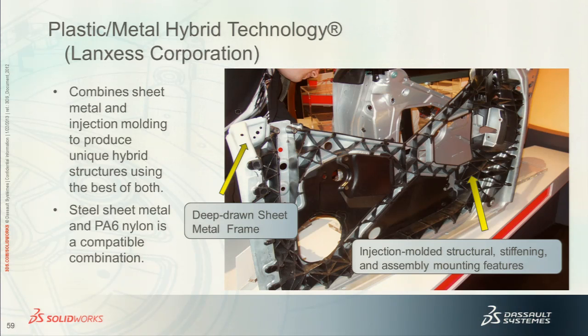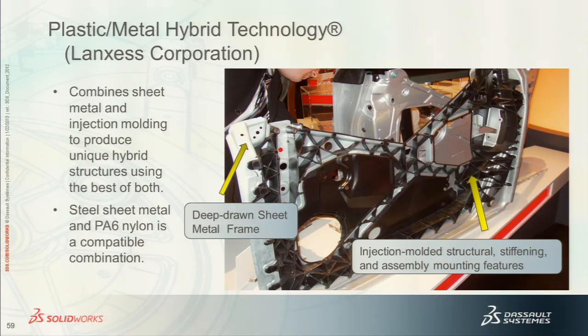Here's something called plastic metal hybrid technology. It's, well, like insert molding on steroids. This is a technology that has been used in the automotive industry in Europe a lot more than it has been used here in the States.